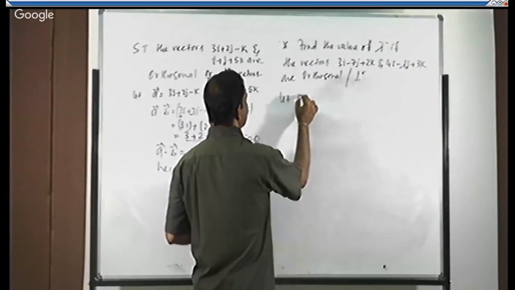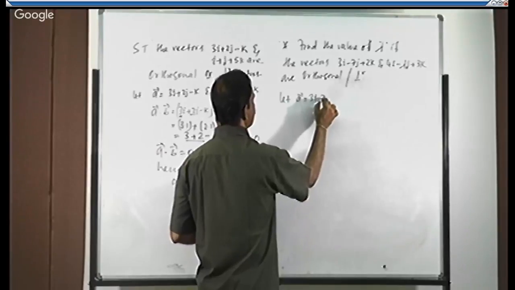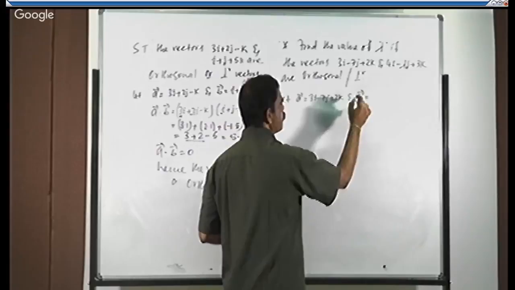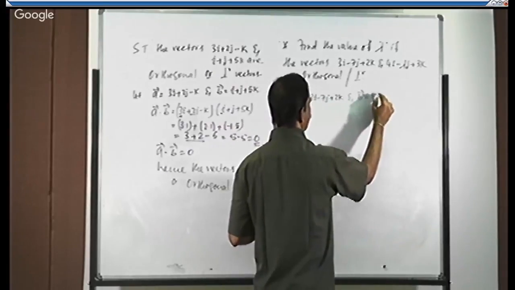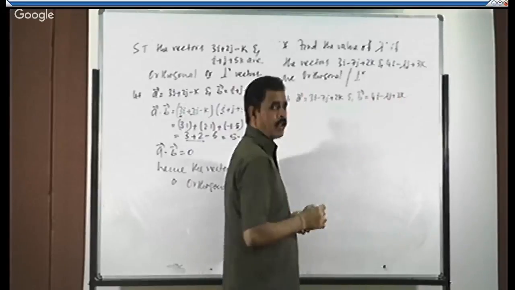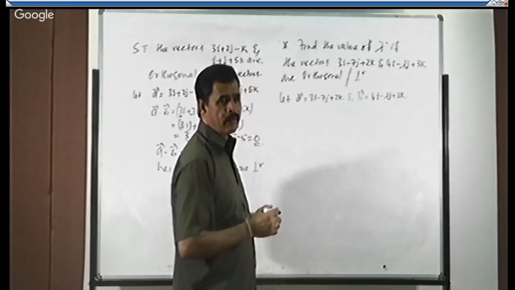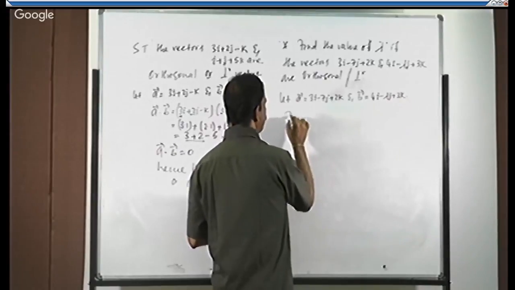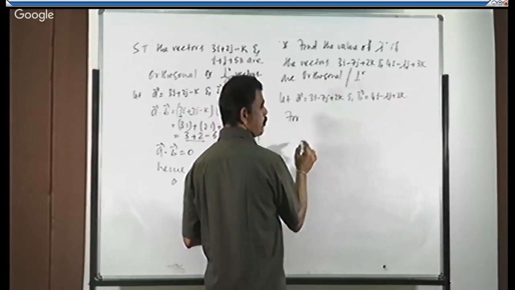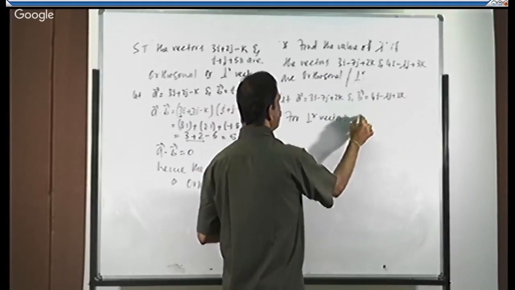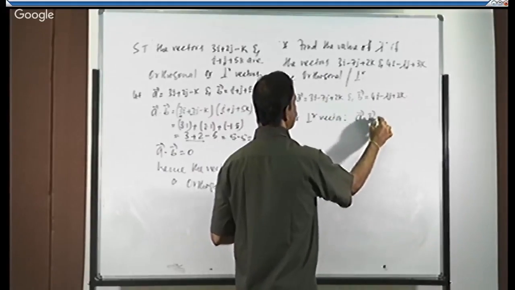Let A is equal to 3i minus 7j plus 2k, and the second vector is considered as B. B is 4i minus lambda j plus 3k, which are perpendicular vectors. It is mentioned in the problem itself. Therefore, as we know the condition for perpendicular vectors, their dot product is always 0.